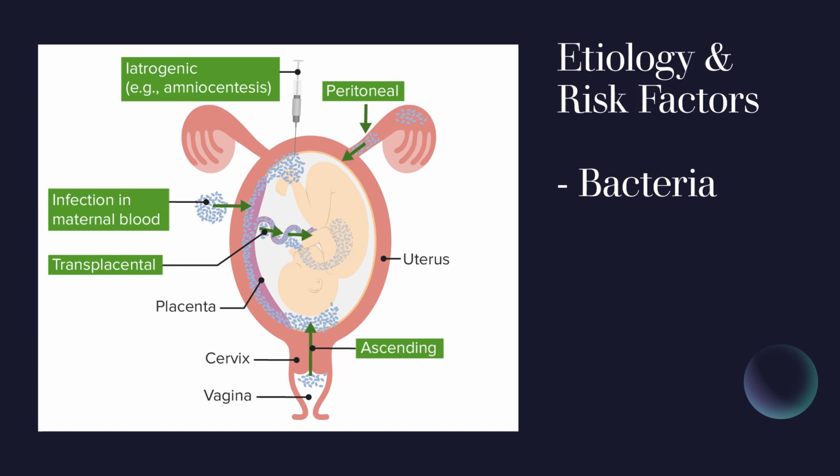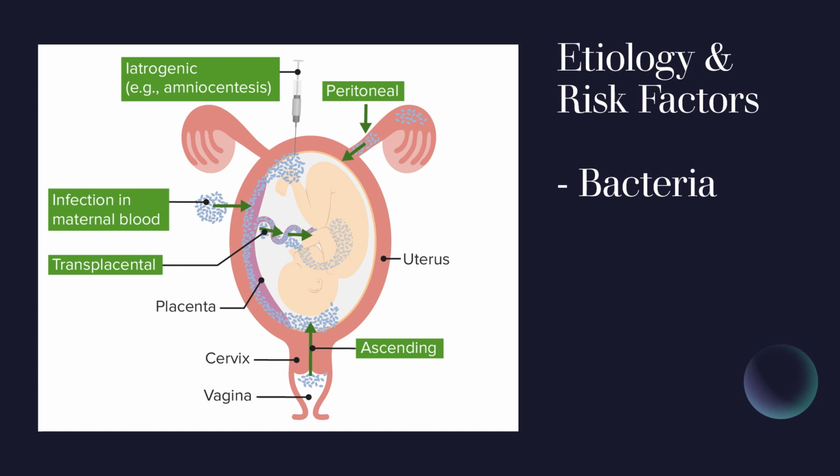That is not the only causation of chorioamnionitis. There are also other ways for bacteria to enter the body and attack the fetus. These can be through iatrogenic, peritoneal, or even transplacental means.